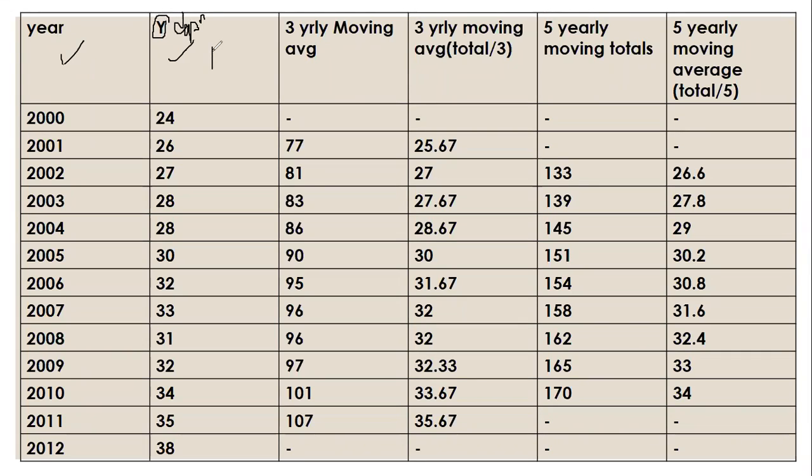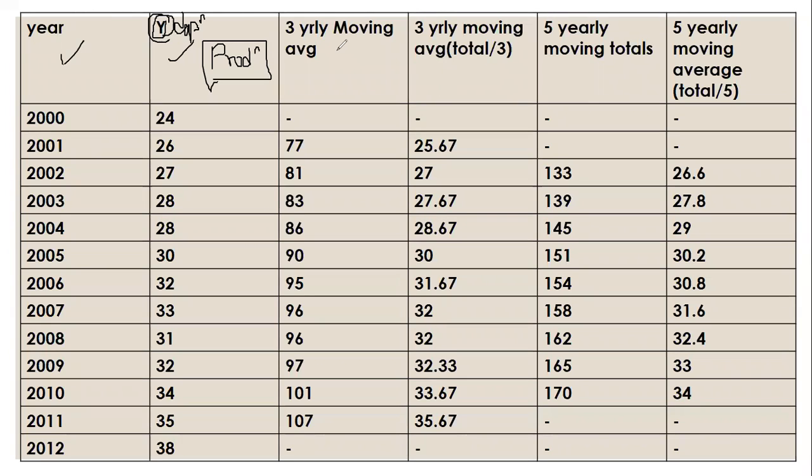Production is dependent on many things, right? So that dependent factor y is given to us in the form of production for the year 2000, 2001, 2002 and so on.